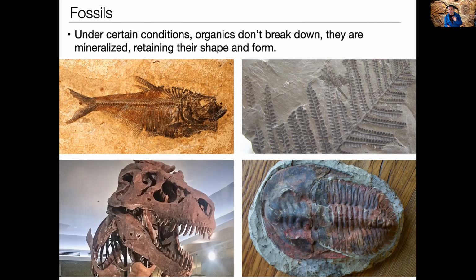And particularly when it's covered in mud and rocks and things like this, mineralization occurs. So the natural geochemical processes, there are reactions with the organics that the life form is made of, and you take what used to be organic tissue, bone, soft tissues, whatever, and you replace it with minerals. And those minerals harden and solidify into rock, basically. And that rock is the material that our fossils are made of when we find them.